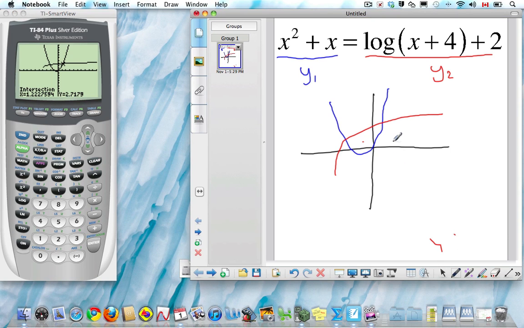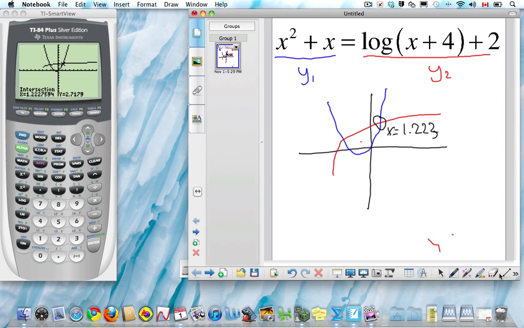And so what I get, if I go over to this equation right here, is x equals 1.222. Actually, to three significant figures, I can back up a little bit and just make it 1.22.